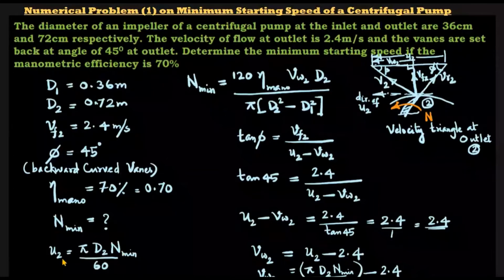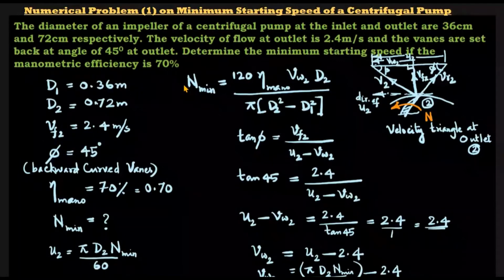So if you want to express U2 in terms of the diameter and the RPM, then you know that U2 is equal to pi D2 N by 60. But in this case, when you substitute U2, it is pi D2 N minimum by 60, because here we are referring to the minimum starting speed. See the equation which we studied the other day. I provided some lectures also for this.